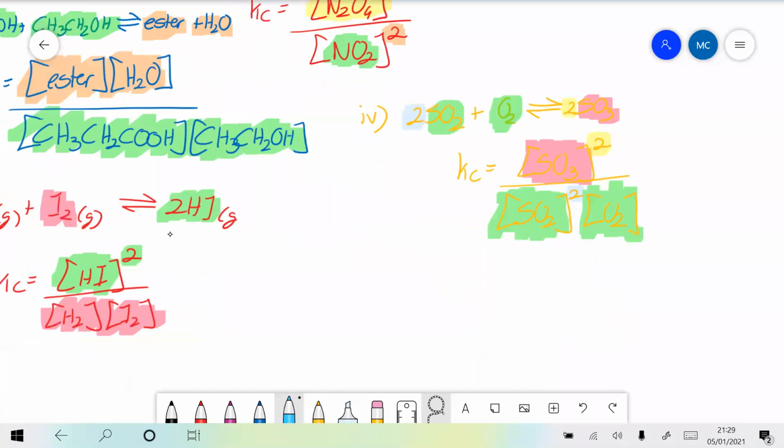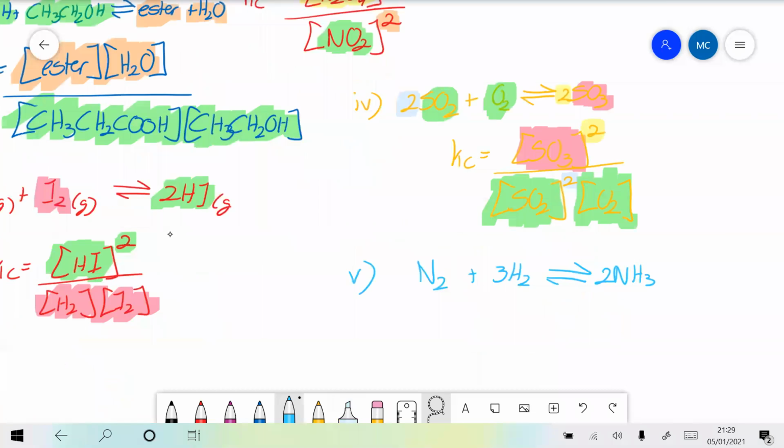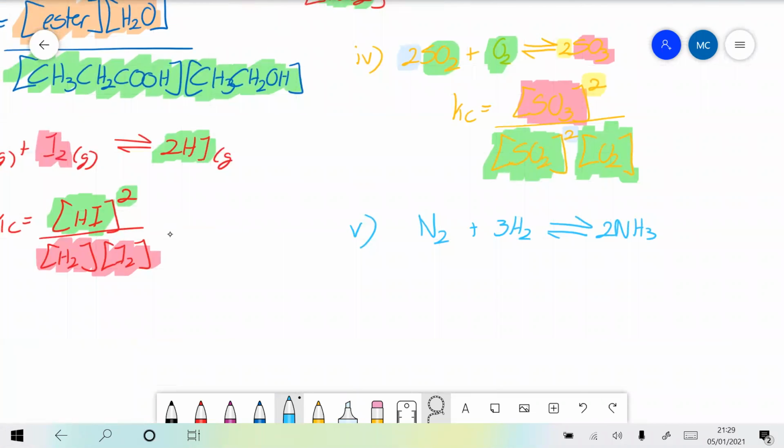And the last one is N2 plus 3H2 to give 2NH3, and you will have Kc is equal to NH3 squared over N2 times H2 cubed.